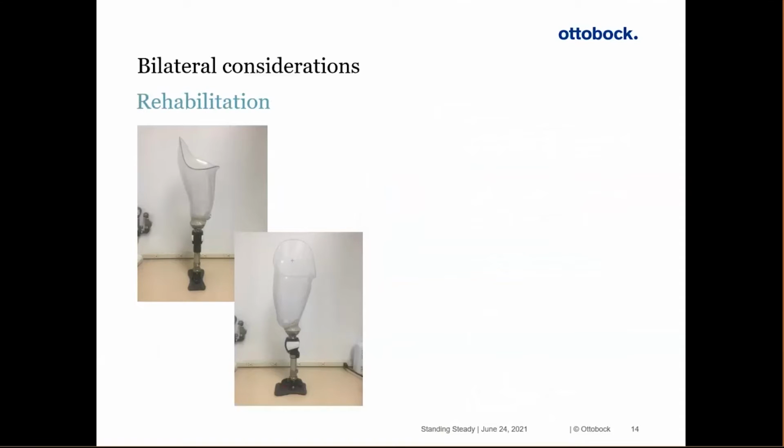As we progress from stubbies, there are different theories of thought. It really depends on where you are in the country. Some physicians have their opinions, but from what I've heard, mostly from the lot of bilateral users I work with, they want them to be in stubbies until they're performing all their activities fairly independently.